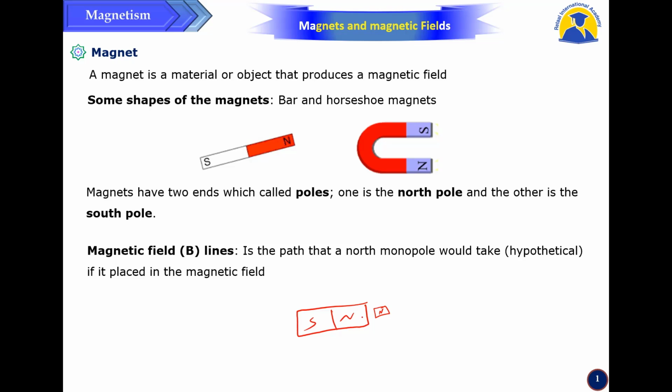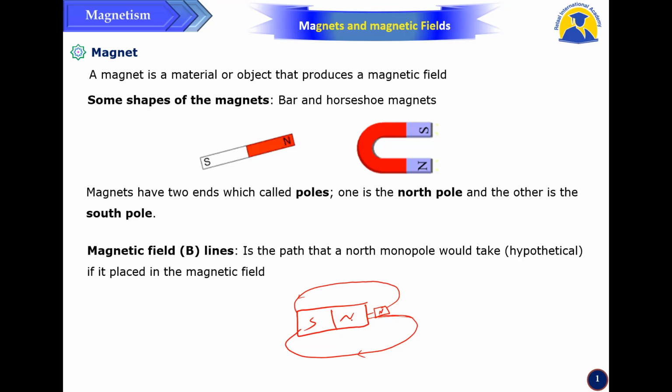Because of the repulsive force between north and north and the attractive force between north and south, the monopole will move like this. It will go away from north and go to the south. So this direction is the same as the line direction. So the direction of magnetic field lines will be from north to south.